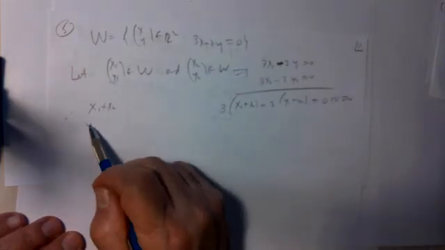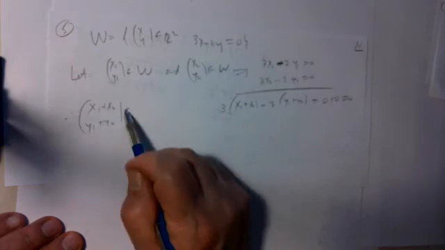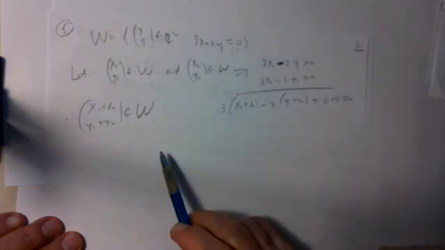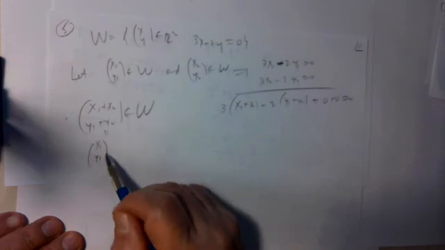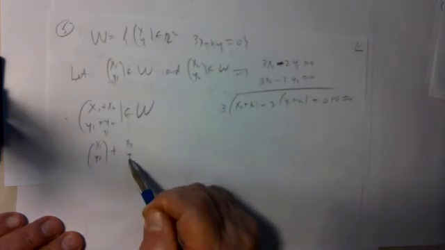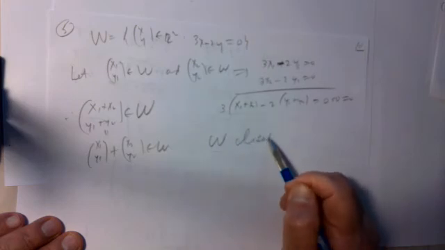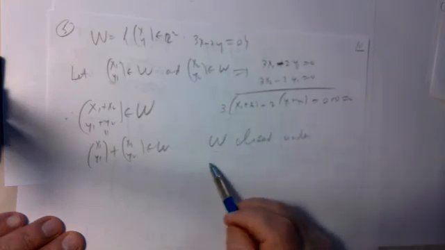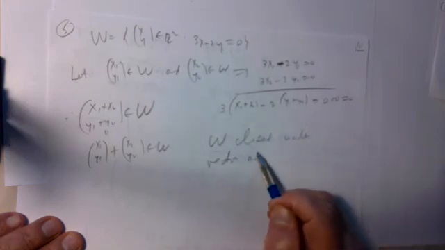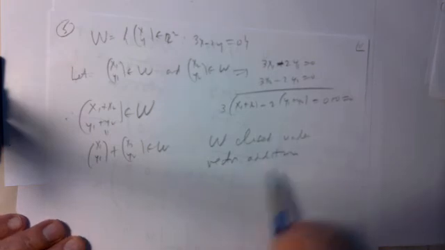So x1 plus x2, y1 plus y2, this is a solution of the equation, so it's in W. But this is the same as x1, y1 plus x2, y2. So W is closed under vector addition.